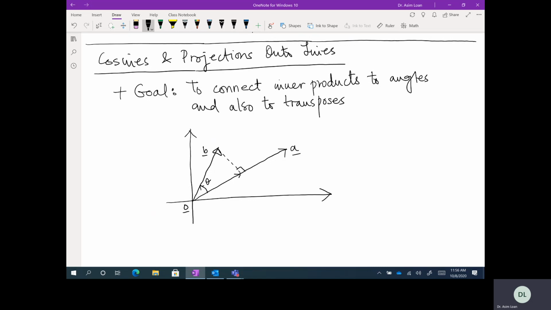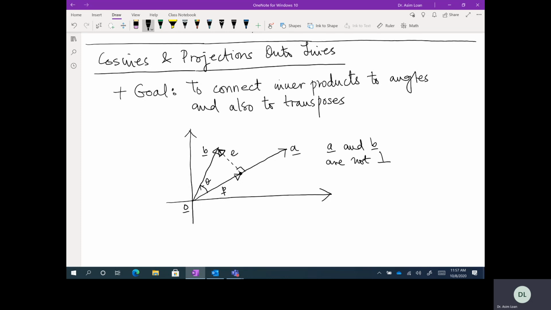And this point is P. So P is this vector up to this point, which is the projection of the vector b onto this one, where we say A and b are not orthogonal. Okay.